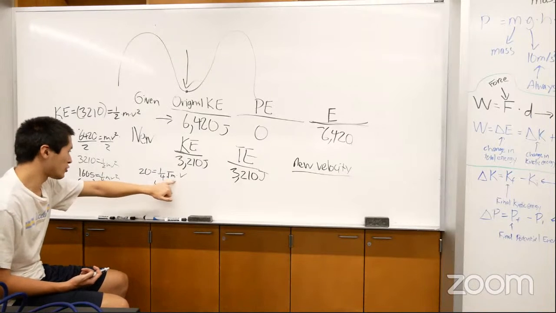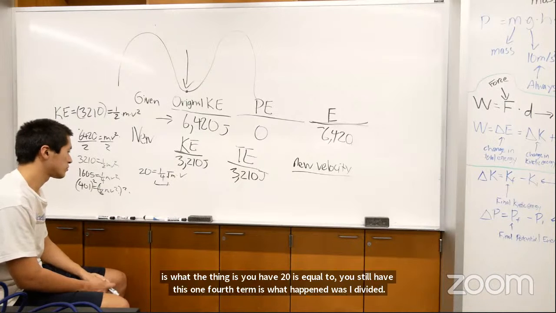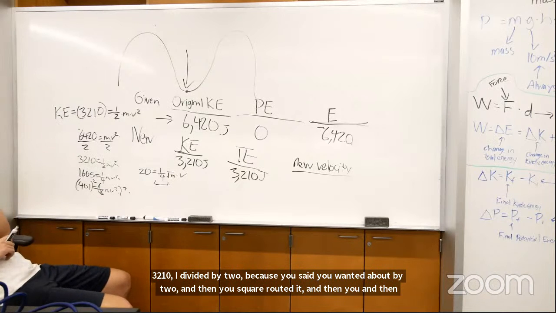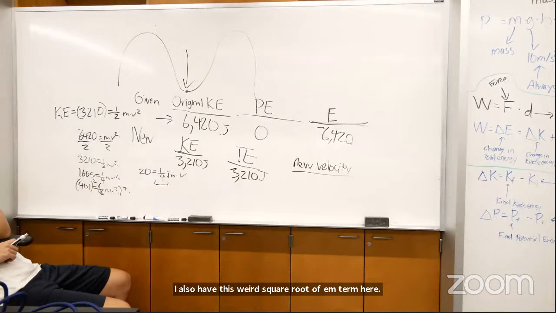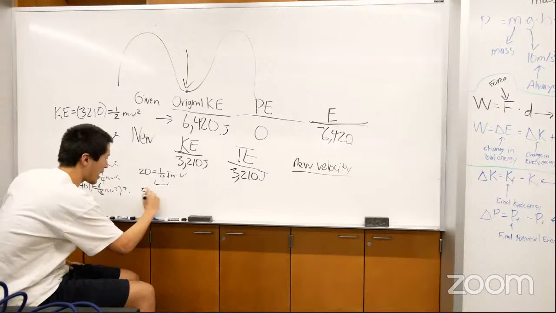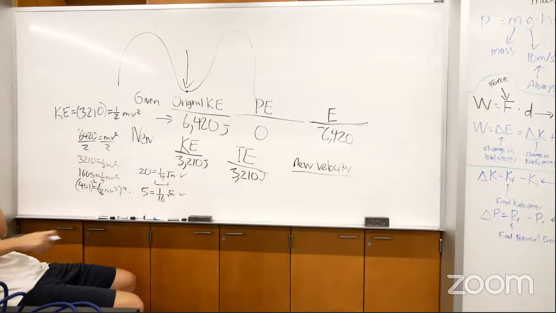And I also have this weird square root of m term here. So I'm looking to get rid of the 1/4. Could I divide both sides by 1/4? Okay, so if I divide those by 1/4, I get 5 is equal to 1/16 times root m times v.